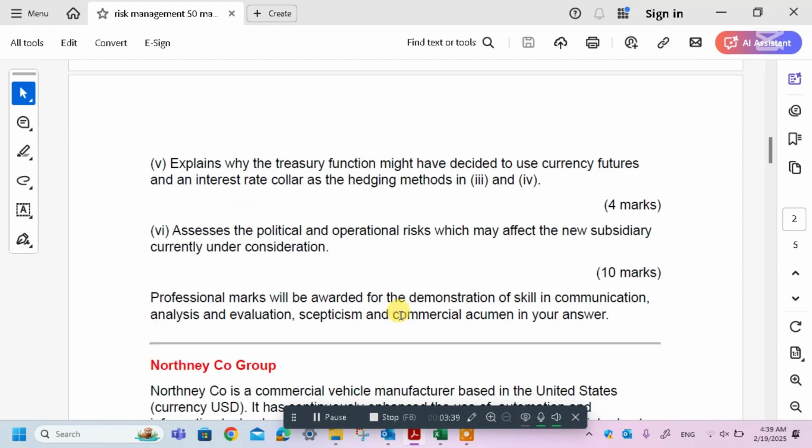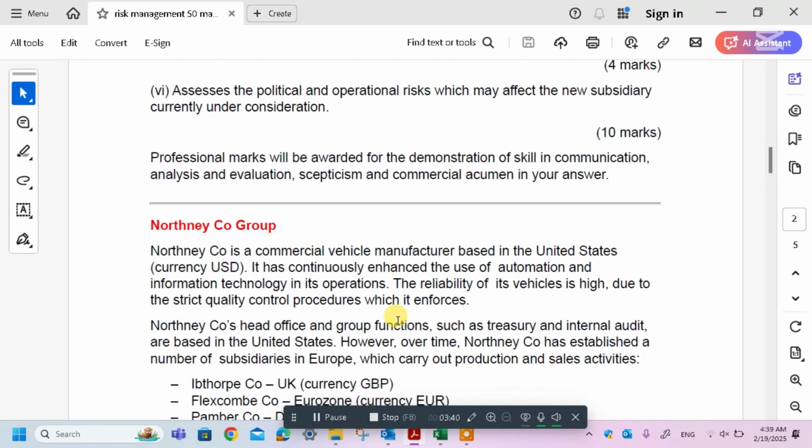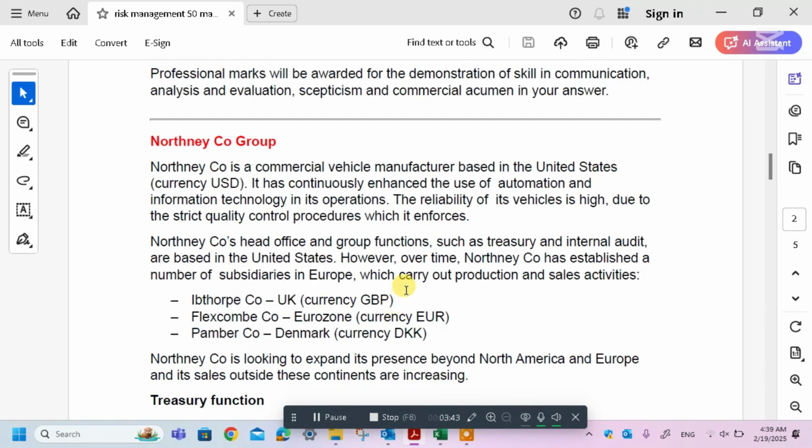Now let's read the exhibits one by one. Northern Company is a commercial vehicle manufacturer based in the United States. It has currently enhanced the use of automation and information technology in its operations. The reliability of its vehicles is high due to the strict quality control procedures which it enforces.